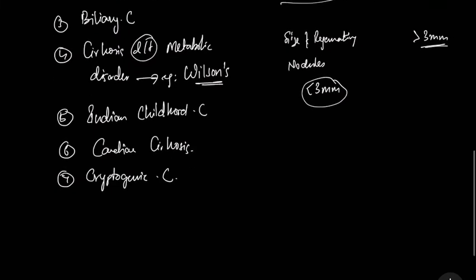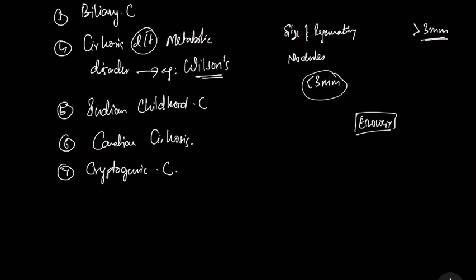Coming to their etiologies, where do we see your micronodular and macronodular? Micronodular cirrhosis is seen in your alcoholic cirrhosis, Wilson's disease, and any nutritional deficiencies.